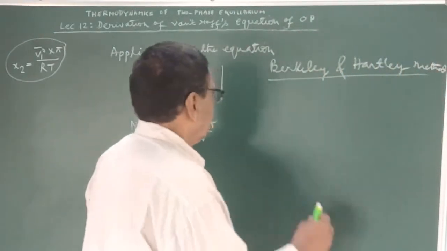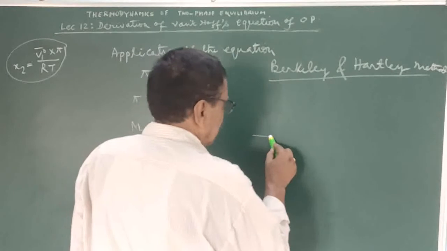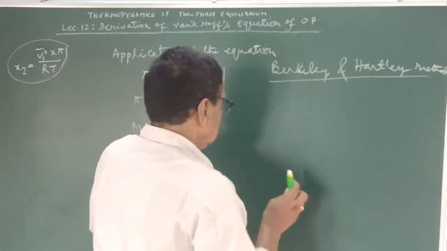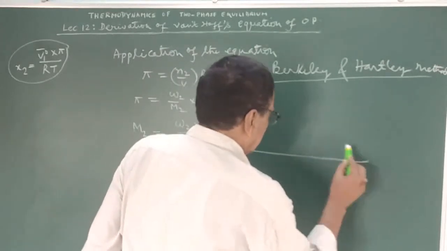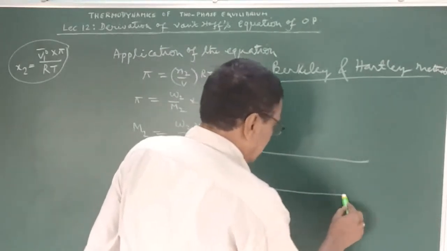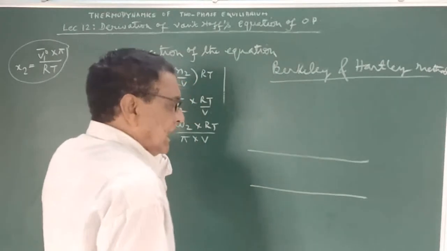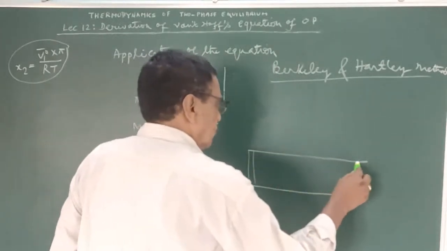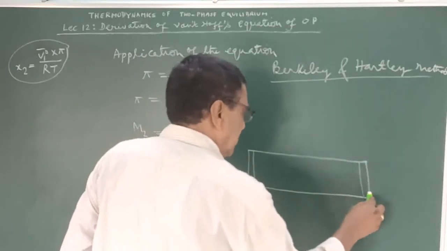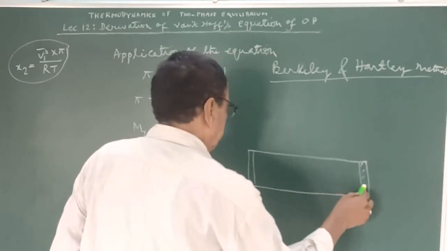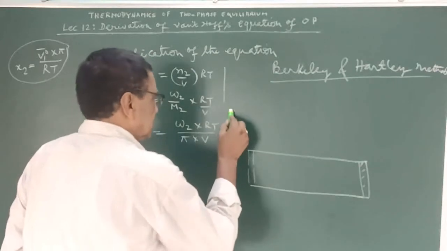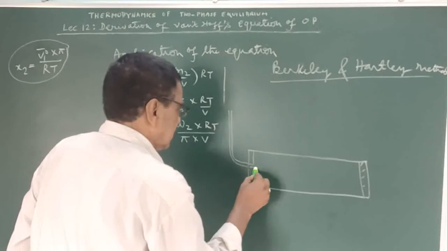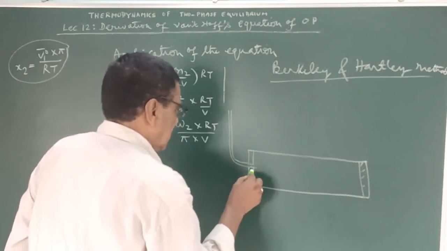The experiment, a rough sketch. This is the porcelain cylinder placed horizontally, and both sides are blocked by a cork, and in this case one capillary is added.